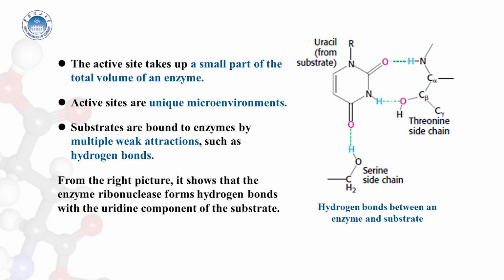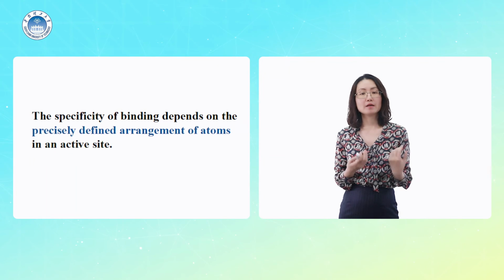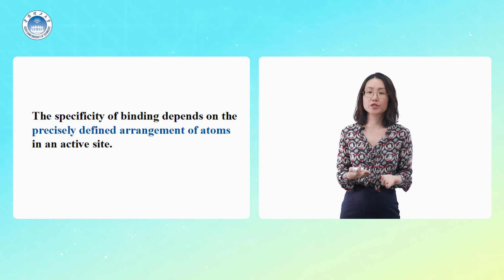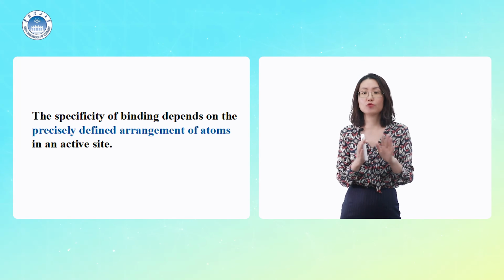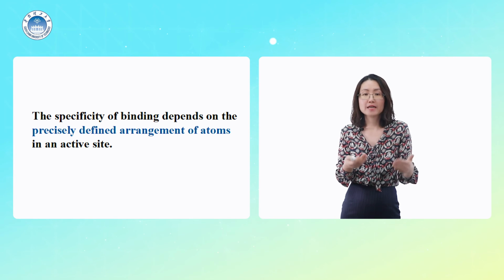The figure shows here that the enzyme ribonuclease forms hydrogen bonds with the uridine component of the substrate. Finally, because the enzyme and the substrate interact by means of short-range forces that require close contact, a substrate must have a matching shape to fit into the site.